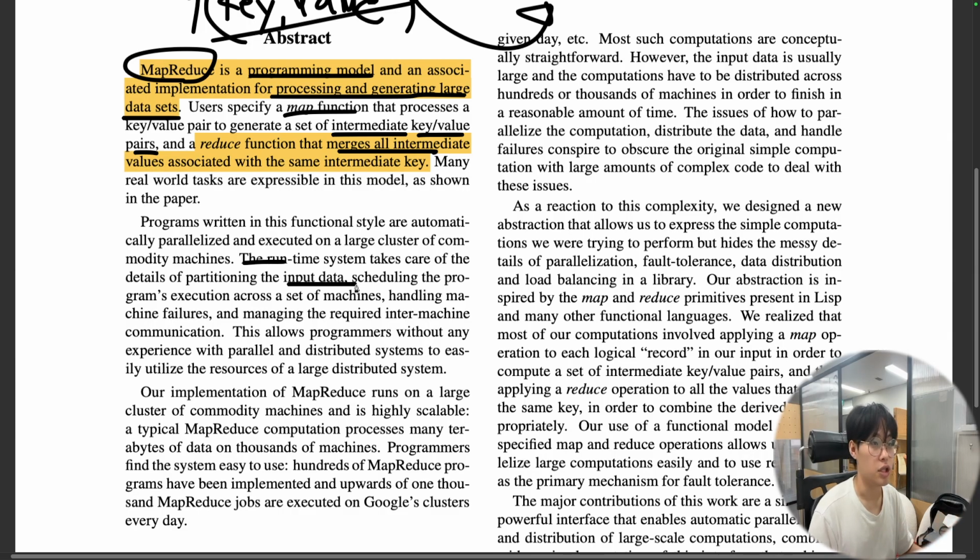Based on MapReduce, we don't have to think about what's under the hood, because the parallelization of the computation of the input data is handled by MapReduce. So MapReduce is doing those kind of things automatically.